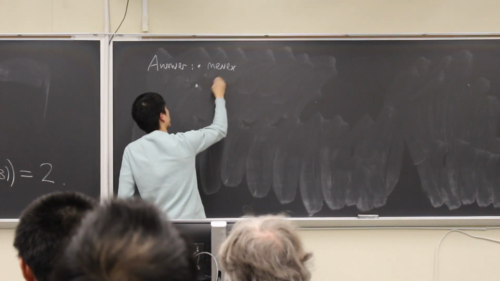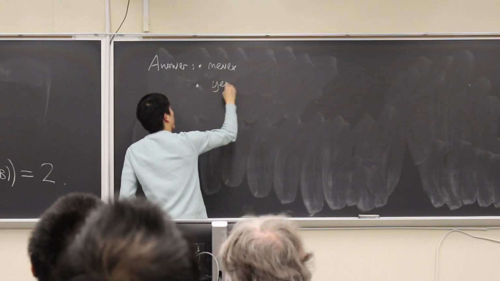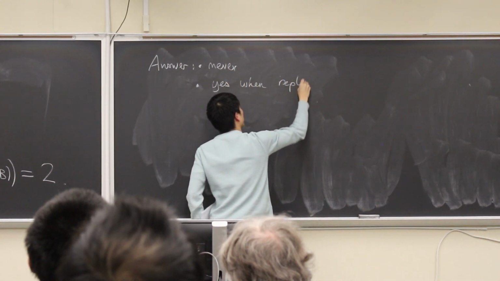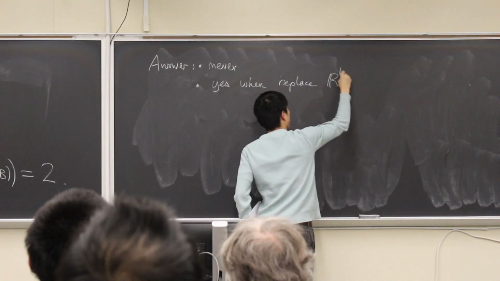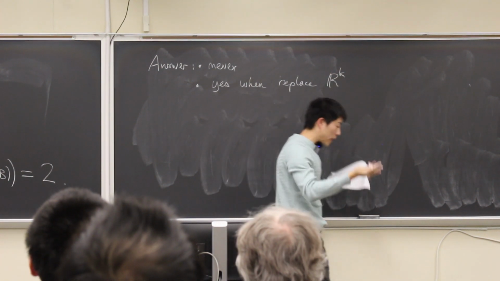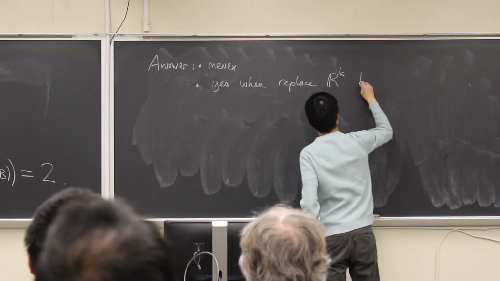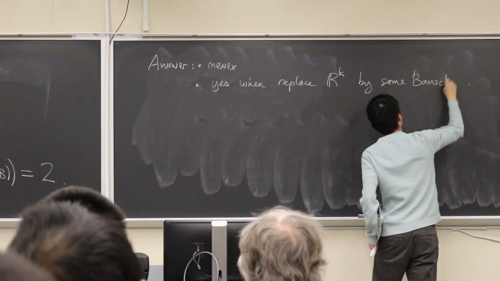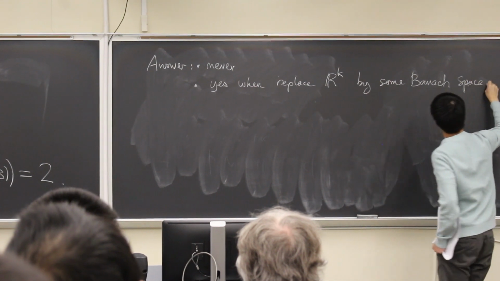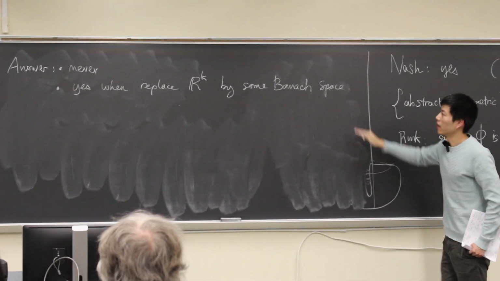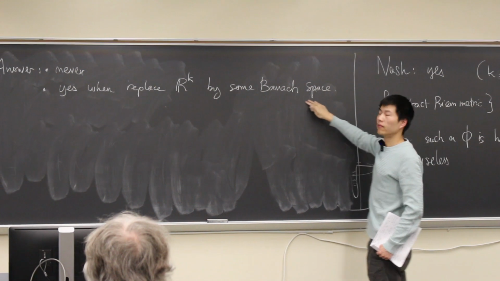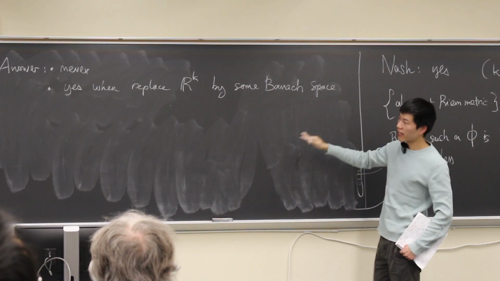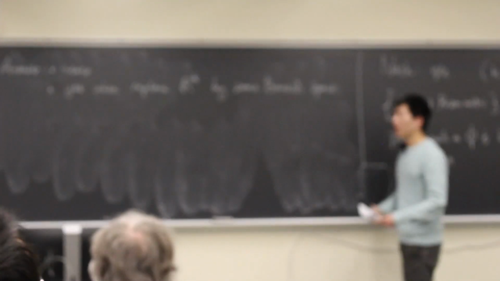The interesting thing is that the answer becomes yes when you replace Euclidean space by some Banach space. And in fact, this kind of property is very easy to prove, contrarily to Nash's theorem, which is pretty heavy.